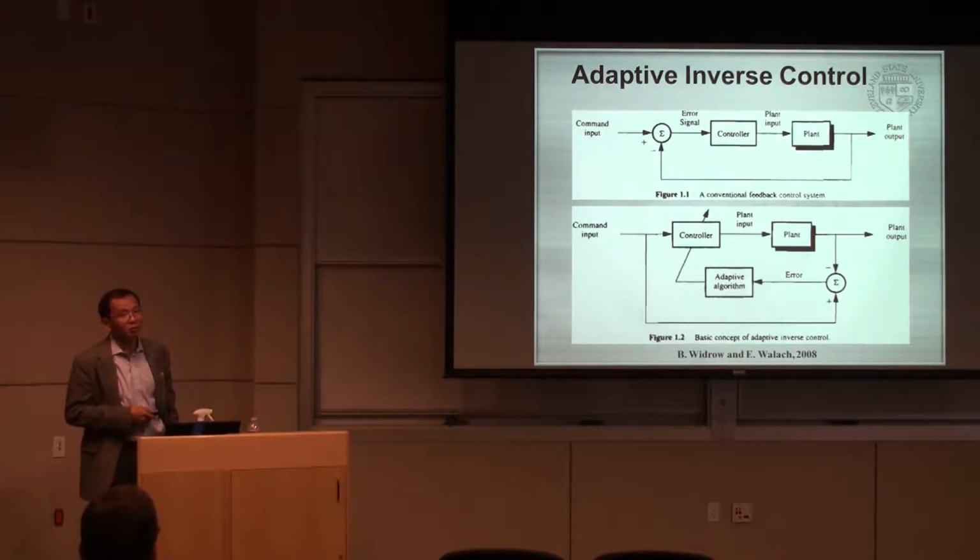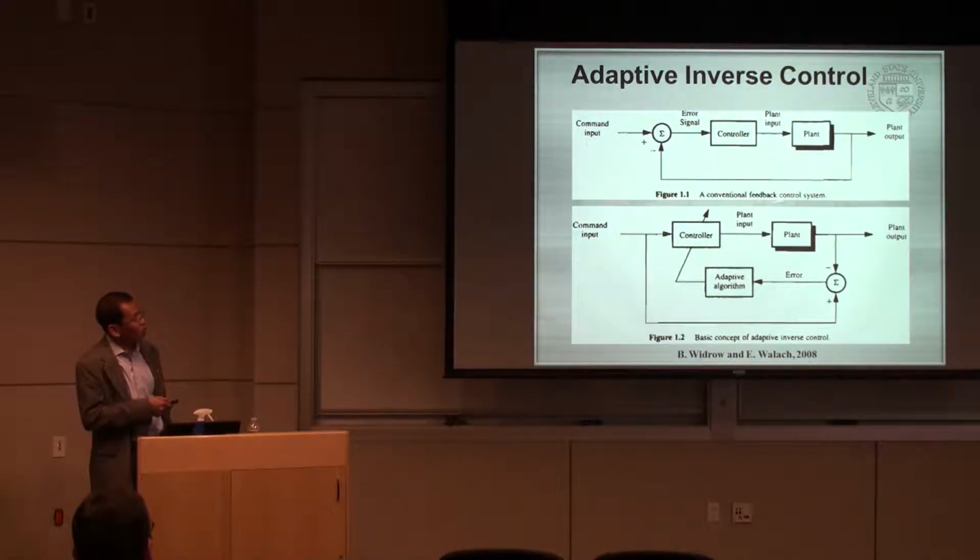And so he constructed a different idea. He said, well, why don't we use the plant model? If we have a model, why don't we invert this model and use the inverse as the controller? Now, the inverse may not be precise. So let's use a signal processing approach and make the parameters of the controller adaptive.